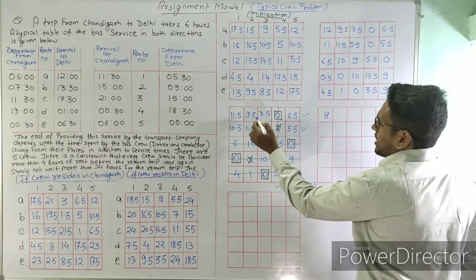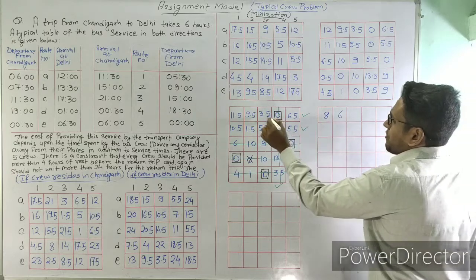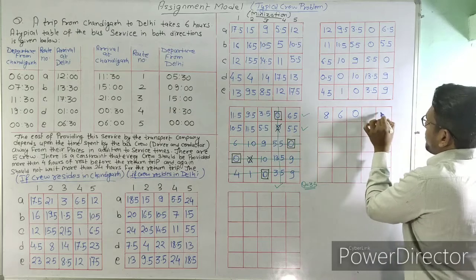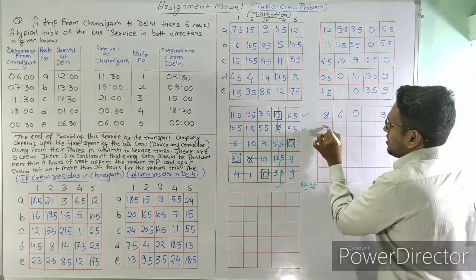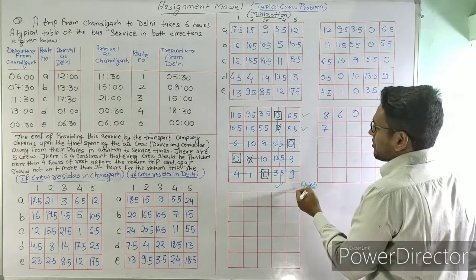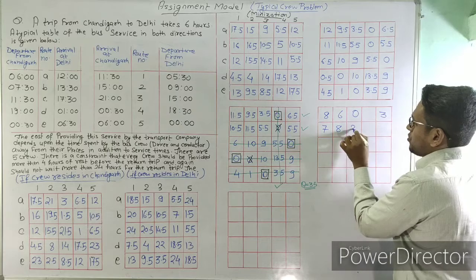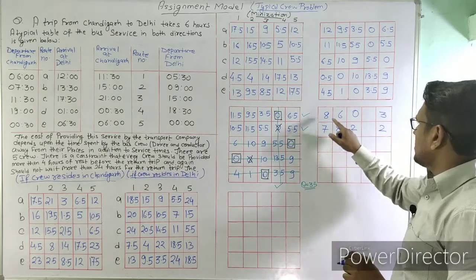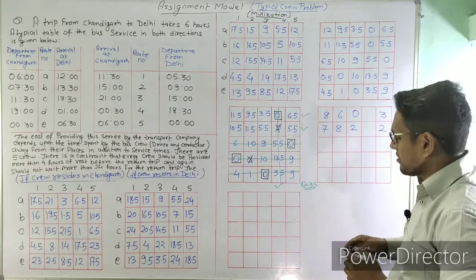Similarly here 9.5 minus 3.5, this is 6. 3.5 minus 3.5 is 0. This is 6.5 minus 3.5 is 3. Here 10.5 minus 3.5 is 7. 11.5 minus 3.5 is 8. 5.5 minus 3.5 is 2. 5.5 minus 3.5 is 2. So we have written all the values for the cells where no lines are passing.